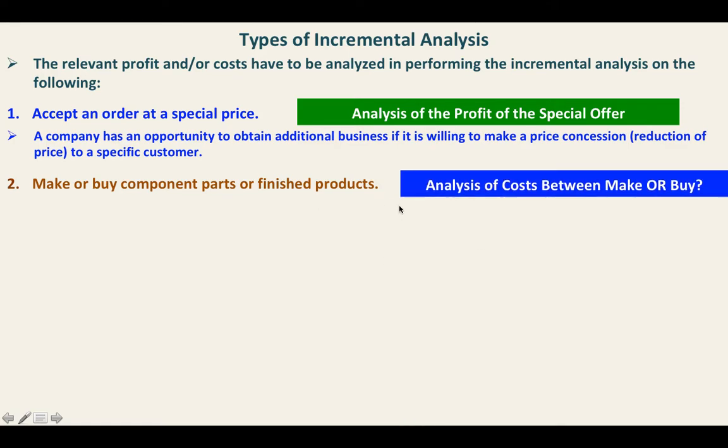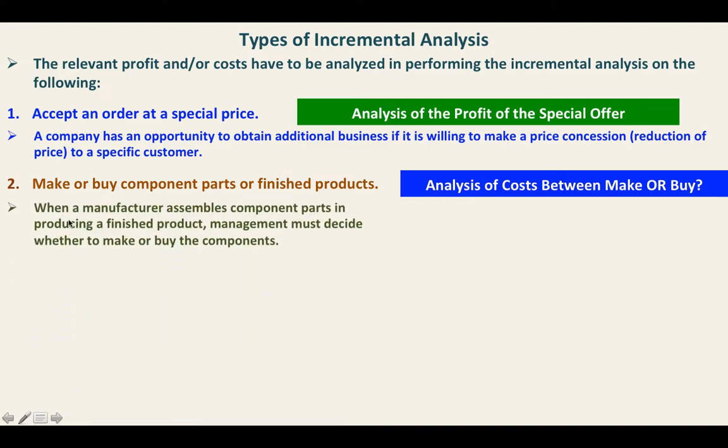Okay, so here we are going to perform an analysis of cost between making a particular part or buying that particular part. When a manufacturer assembles component parts in producing a finished product, management must decide whether to make or buy that particular component.